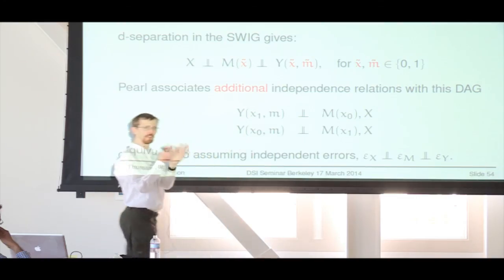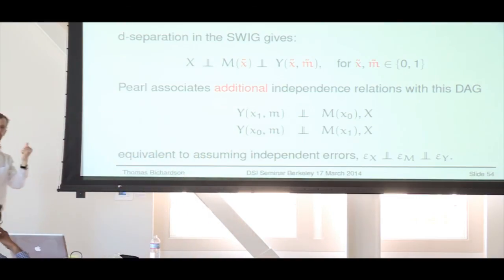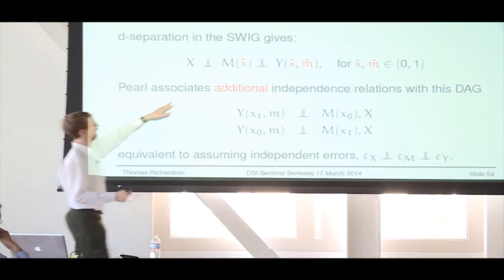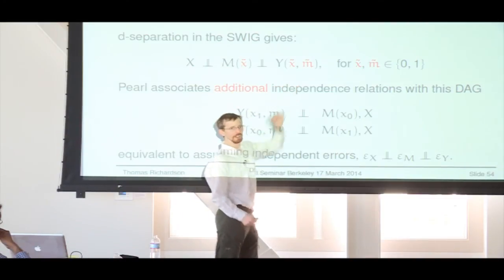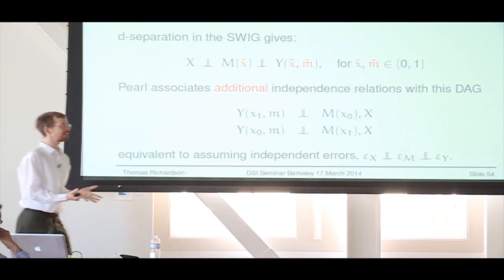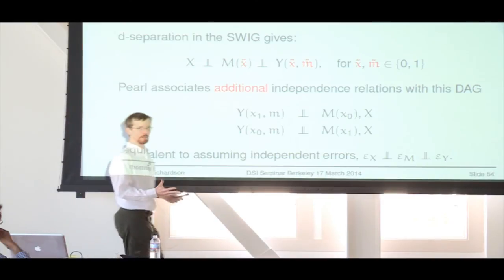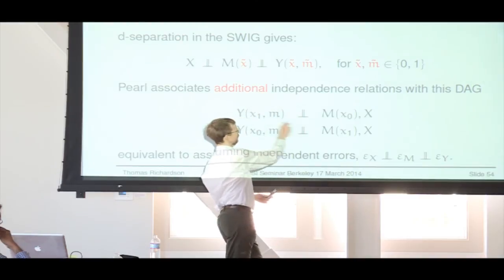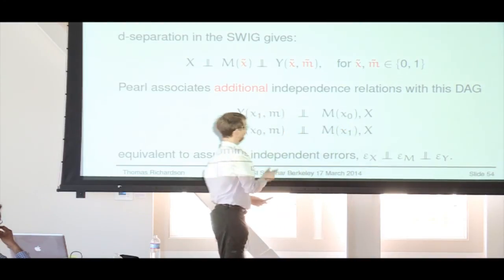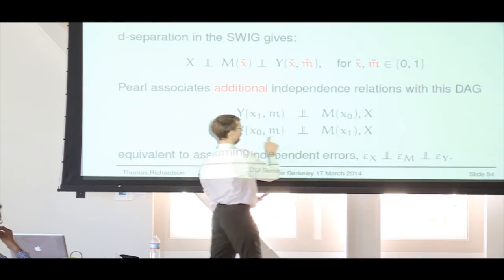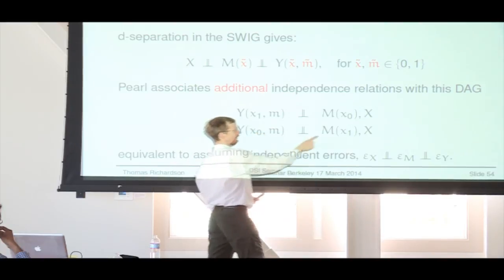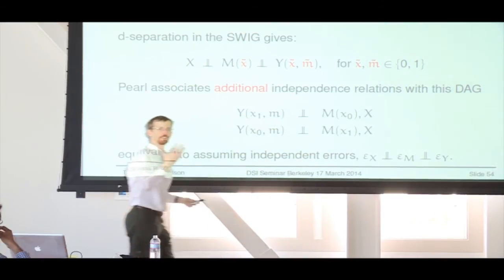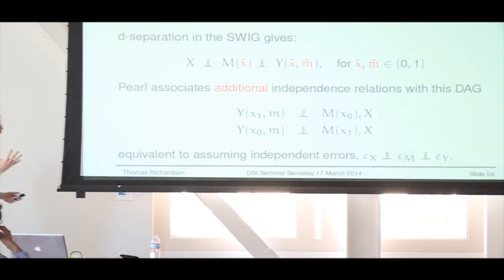Because you only see these two variables on the same graph with the same value of x in both places. In contrast, Pearl's independent error assumption gets you some extra independences. It gets you, say, this independence. It gets you that this is independent of this and this. And it gets you that this is independent of this and this. So now here we've got x0 in here and x1 in here. Right? So these are variables that in our framework would never show up on the same graph.